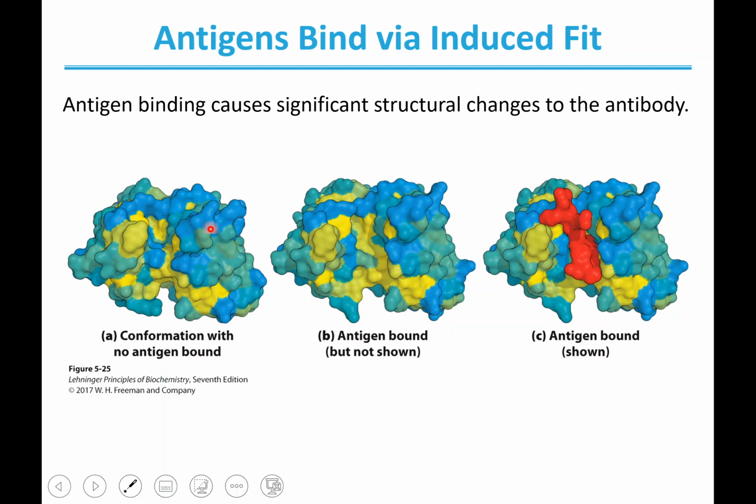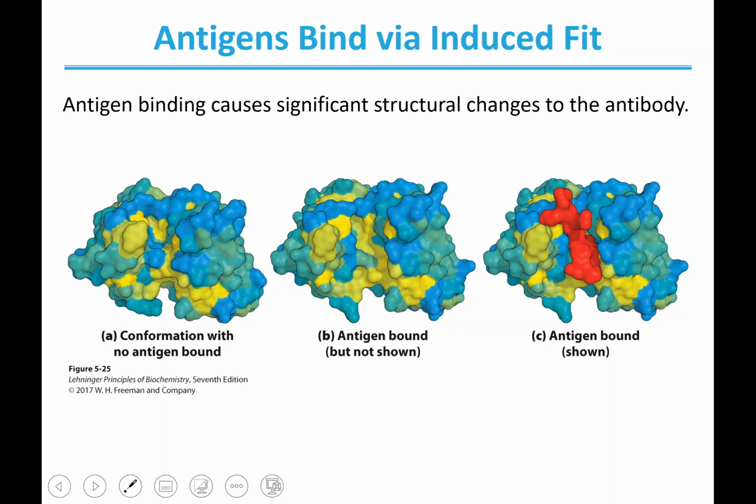This would be the conformation in a space filling model, shading the different types of amino acids different colors, when no antigen is bound, and when an antigen binds, this is the conformation. You see the position of the colors is changing, so there's a pretty significant change there.